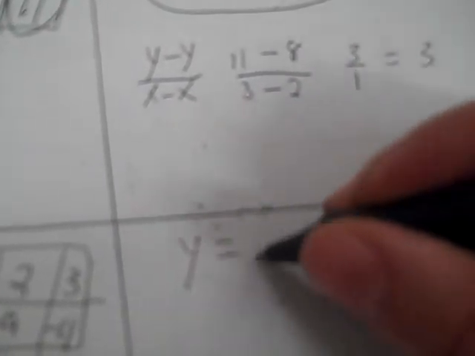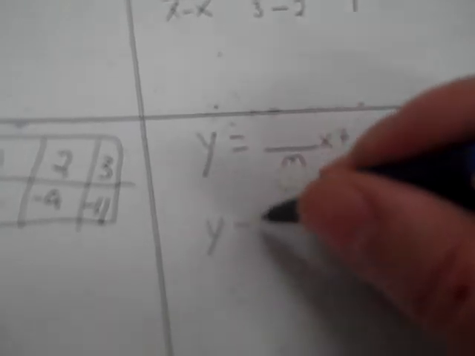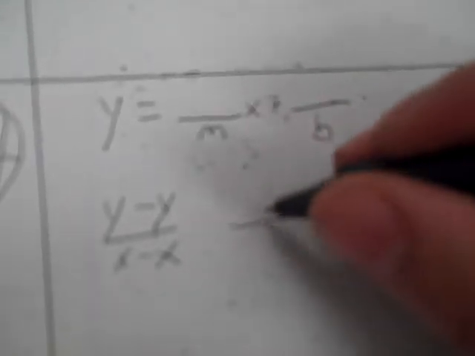Y equals blank x plus blank. So that's your m, that's your b. So the m equals y minus y divided by x minus x. So I'll pick these last two. So I'm going to have negative 11 minus negative 9. Remember to get a negative 9.